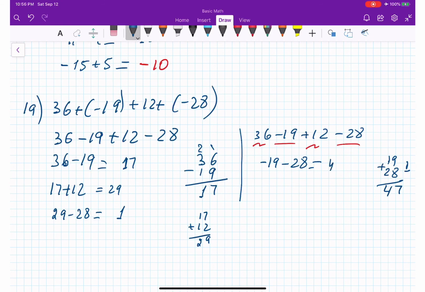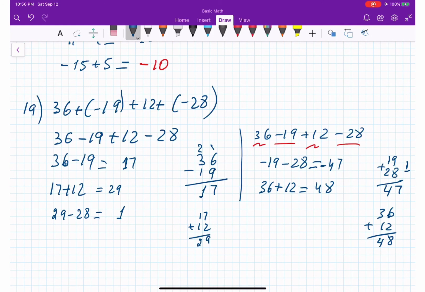We have 47. Since both numbers are negative, nothing to choose from. We get negative 47. Next one, 36 and 12. 6 plus 2 is 8. 3 plus 1 is 4. We get positive 48 because both signs are the same, we add and nothing to choose from, positive.